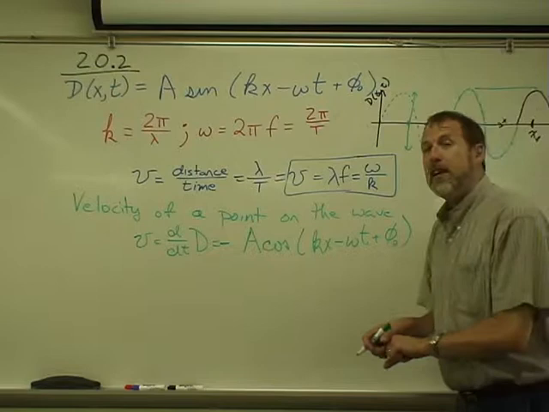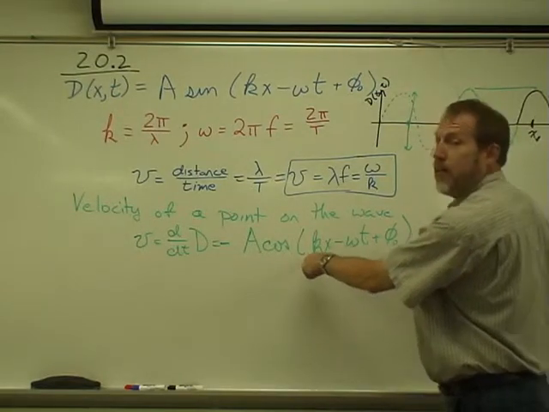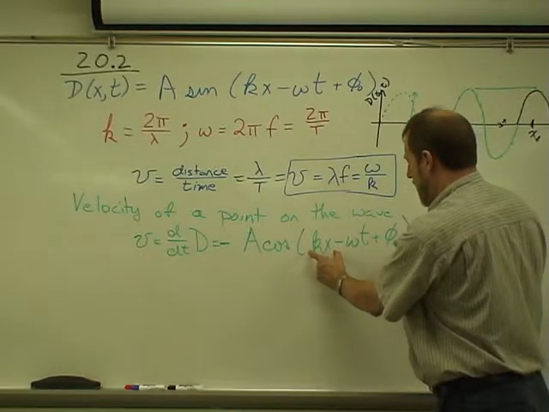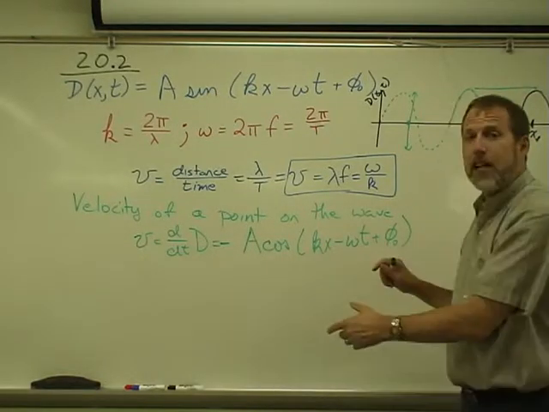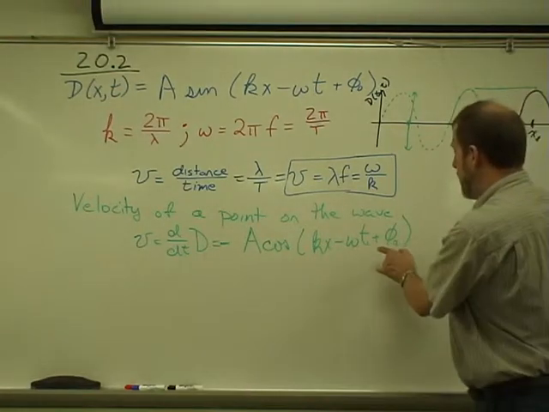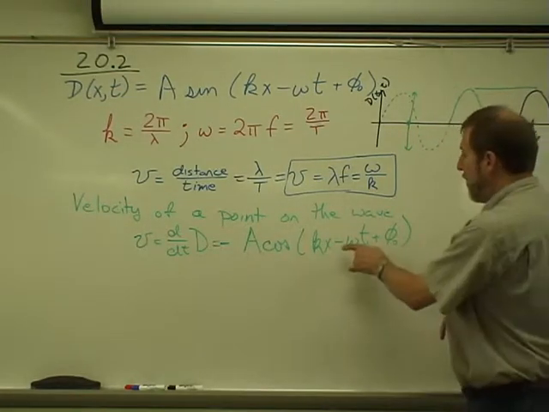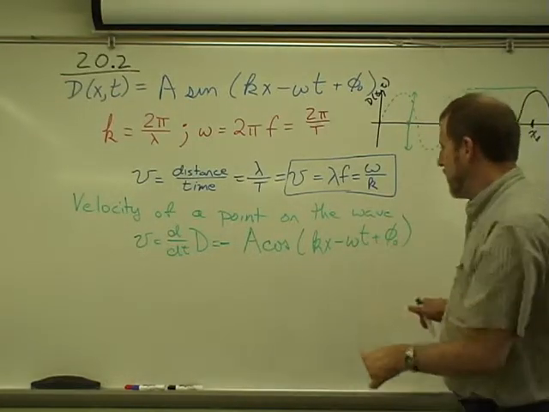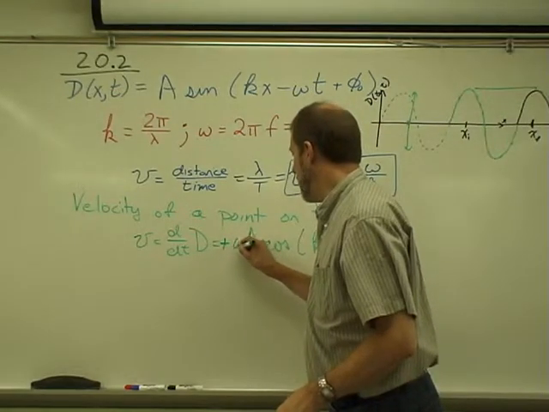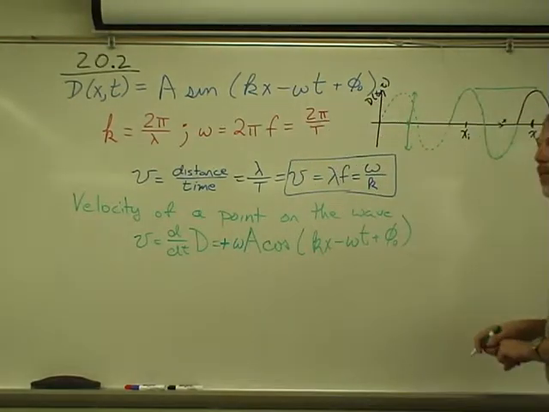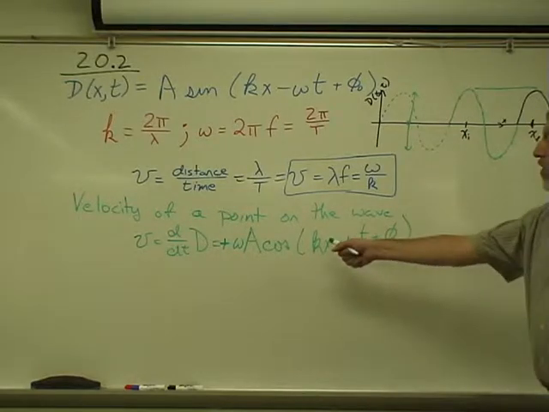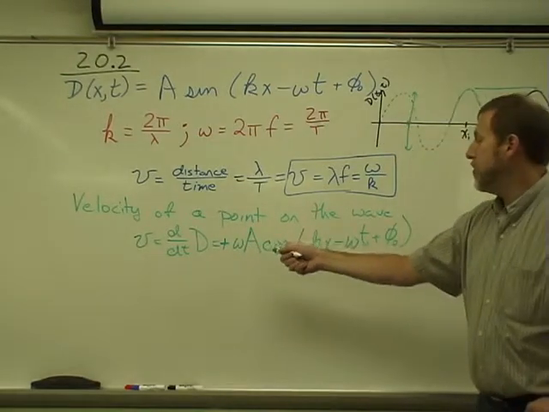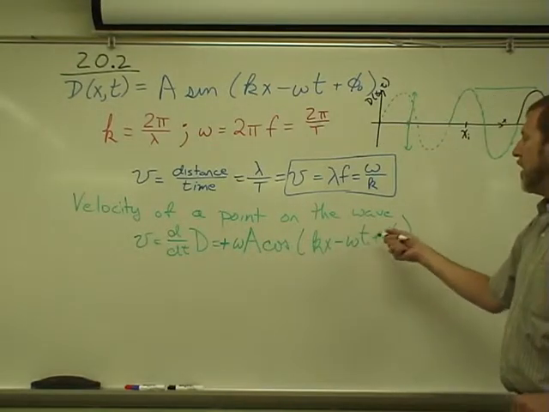And then I have to take the derivative of the interior. So, the derivative of kx with regard to time is 0. The derivative of a constant is 0. So I have the derivative of negative omega t, which is simply negative omega. So the velocity of a point on the string, as it were, will be omega times A, the amplitude, times the cosine of kx minus omega t plus phi.